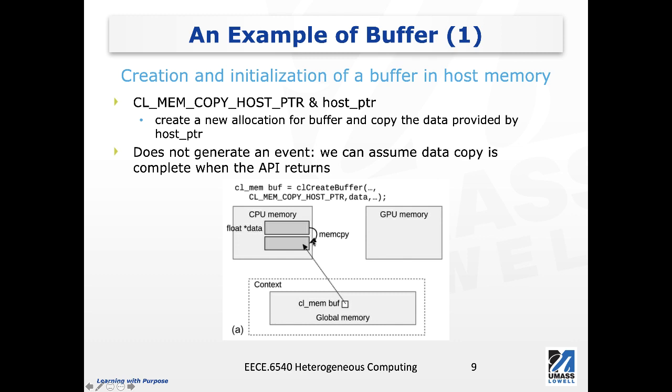So we can see that we have implicitly a memory copy operation that is filling this new buffer with the data here. At this point, we actually don't have anything physically available in the GPU memory to be accessed by the compute units.